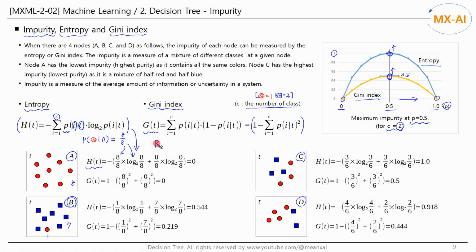And the probability that I is blue in this node is 0/8. The log value of this probability is as follows. Since 0 times log 0 can be defined as 0, the entropy of node A is 0. In this way, if we calculate the Gini index using this formula, that of node A will also be 0.